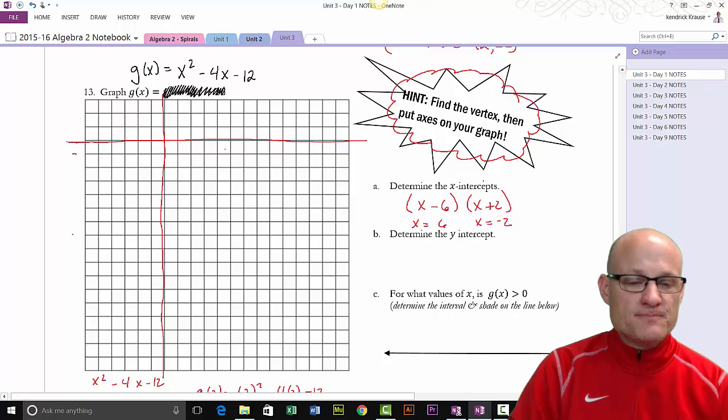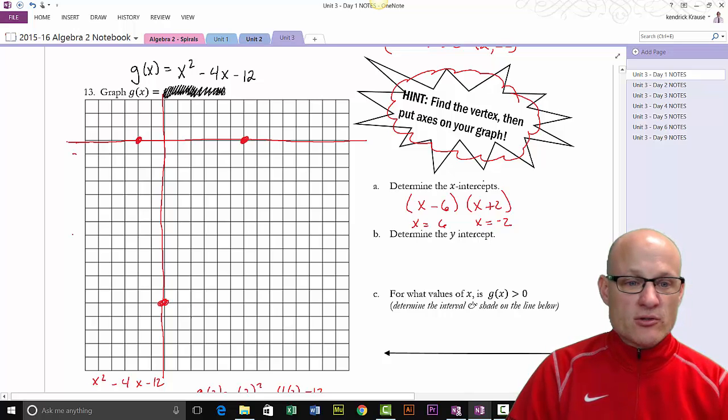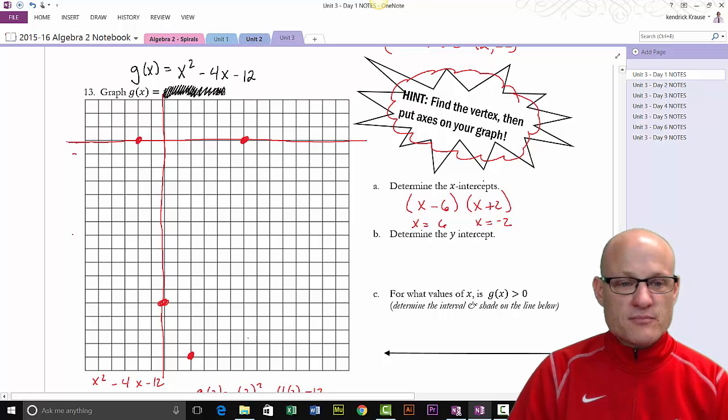All right. So what do I know? I know my roots are negative 2 and 6. I know my vertex is 2, negative 16. Actually, my y-intercept is negative 12. See, I barely got that up.